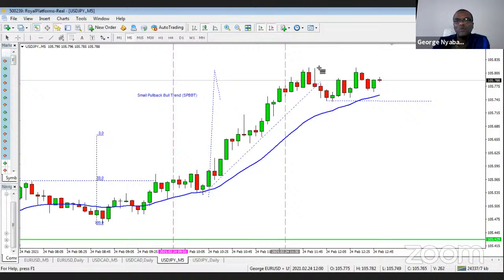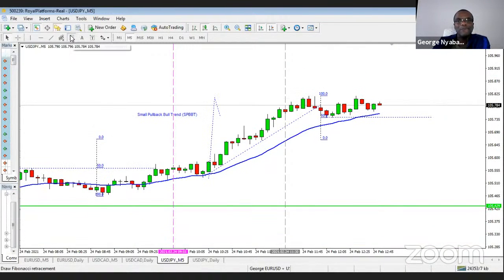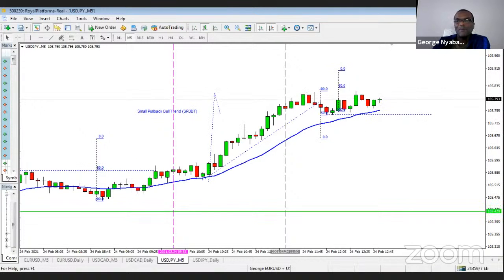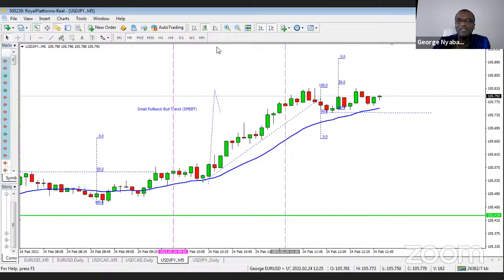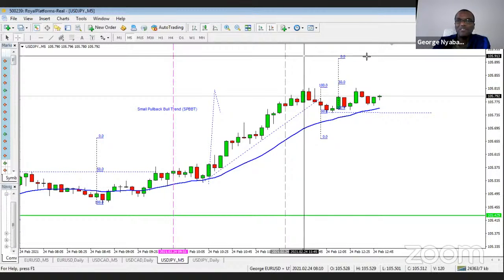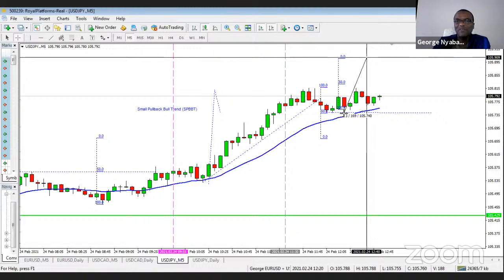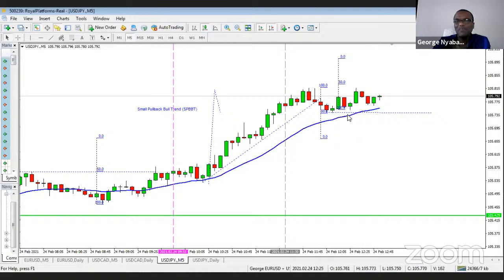So what you could do, because that's about 10 pips, you could put a measured move there. You say a 10 pip move behind that is around there. A 10 pip move above the trading range is about there. So if I get price moving to that, that gives me almost 17 pips in a 20 pip range.